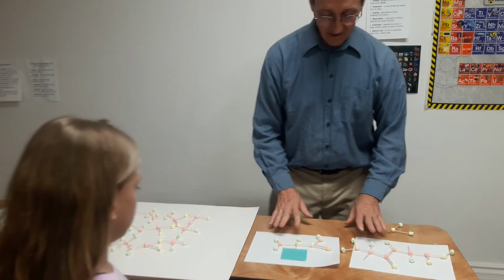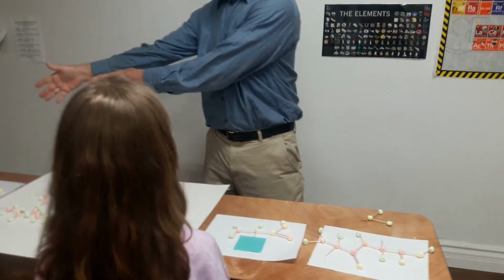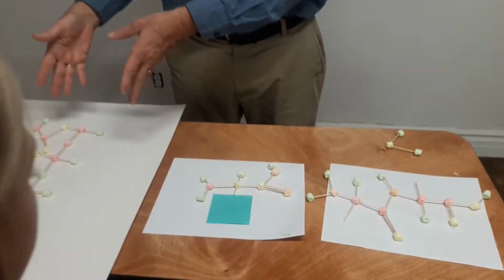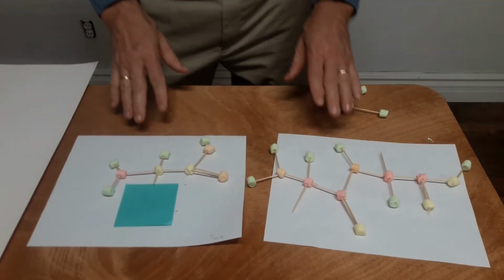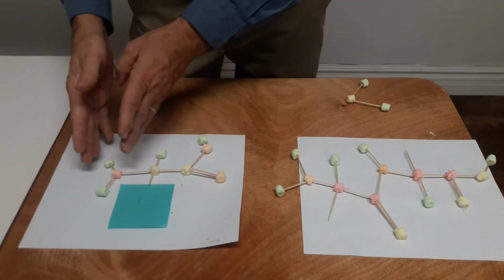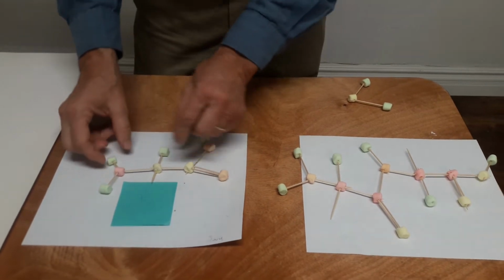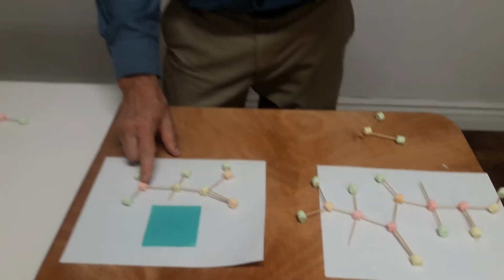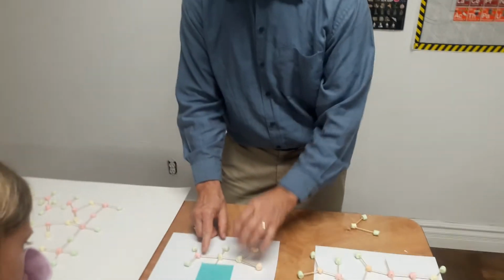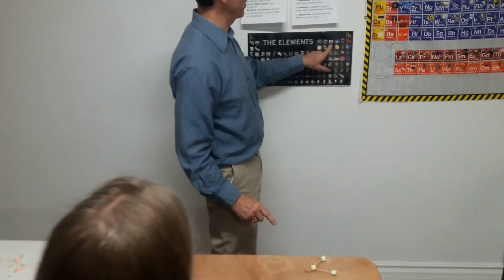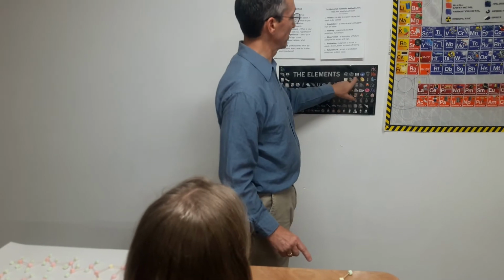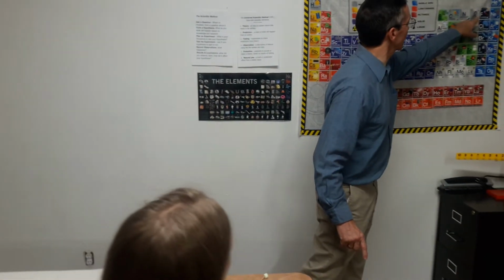Okay, and then what's the other thing besides carbohydrates and fats in food labels? Proteins, that's right. So this is an amino acid. So this would be a nitrogen atom, right? Nitrogen is here on the periodic table, right next to oxygen.